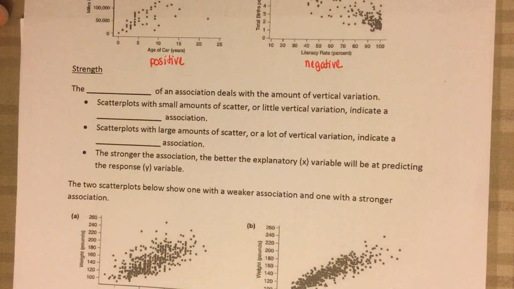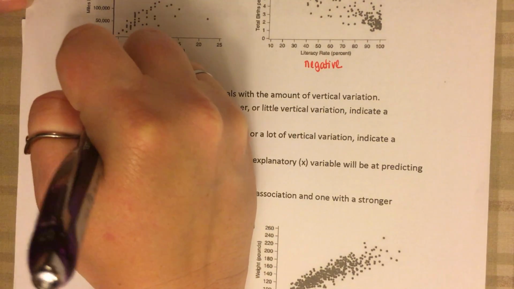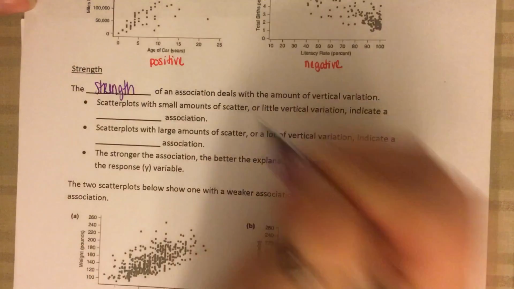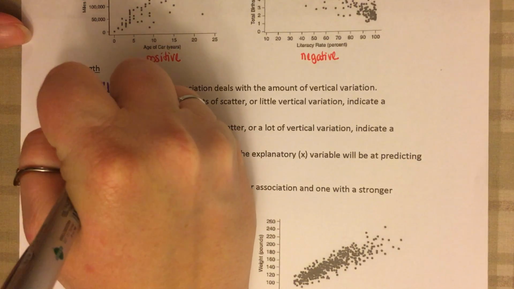The next thing we're going to look at is strength. The strength of an association deals with the amount of vertical variation. Scatter plots with a small amount of scatter or very little variation indicate a strong association.